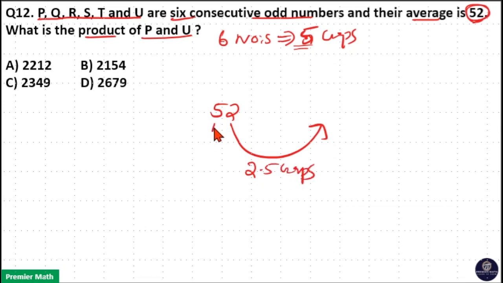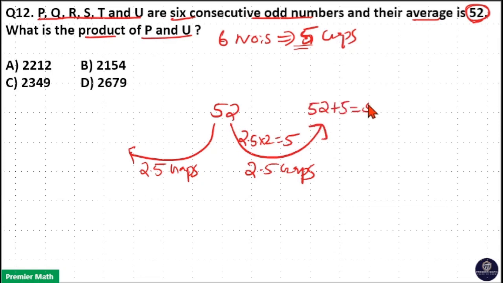Same way before 52 there are 2.5 gaps. Now 2.5 gaps means 2.5 into 2, 5 is the difference. So 52 plus 5, 57 is the number U, and same way before 52, 52 minus 5, 47 is the number P.